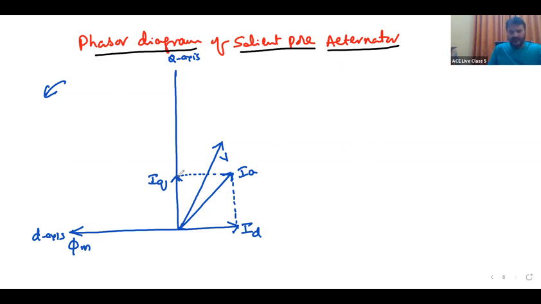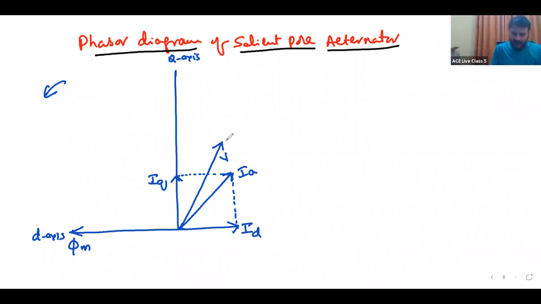Now once the current is divided, how about the resistance drop? The resistance drop is in phase with the current, and the reactance drop is perpendicular.